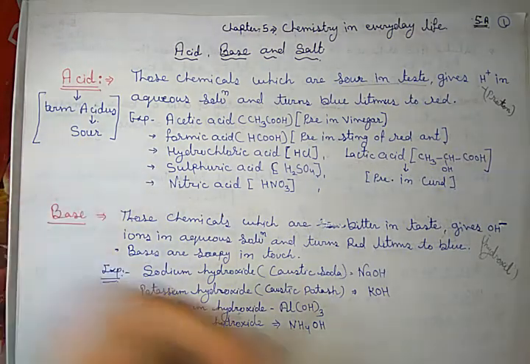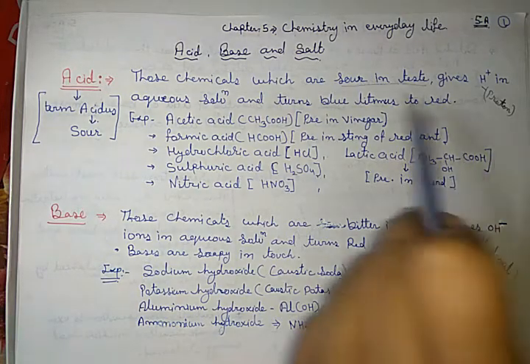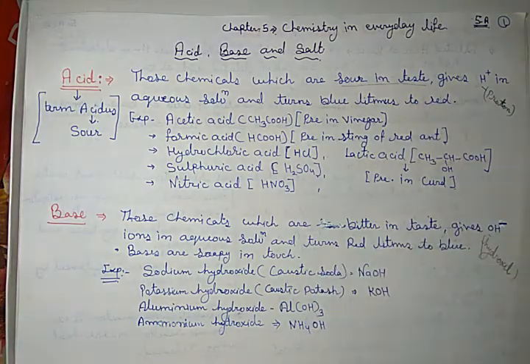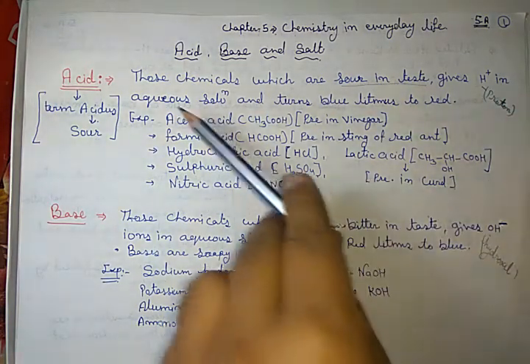Okay. Now, the question comes to our mind: how can we define it? There are lots of definitions in different theories. If we generalize, then we can use three properties to define acid. First, acids are sour in taste. Second, they give H+ ion or proton in their aqueous solution.